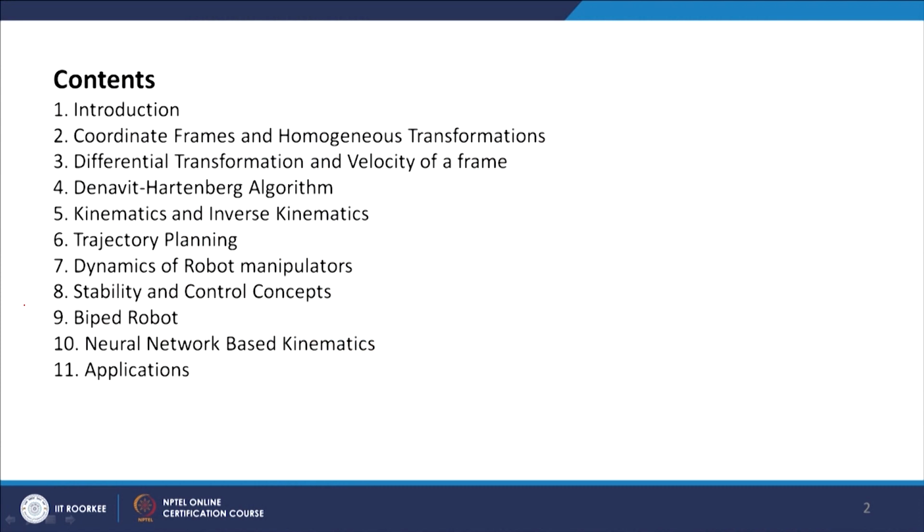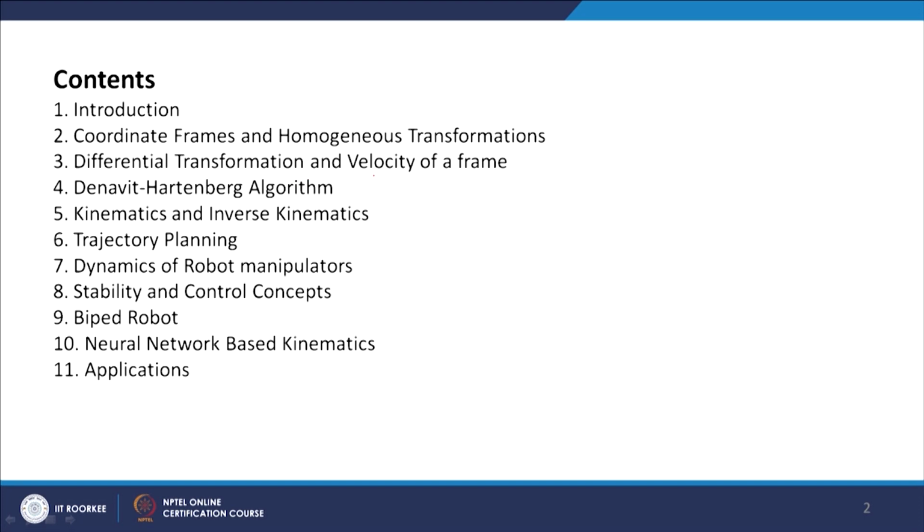So, the content of this course is as given below. In these first 20 lectures, we will see the coordinate frames, homogeneous transformations, differential transformation and velocity of a frame.